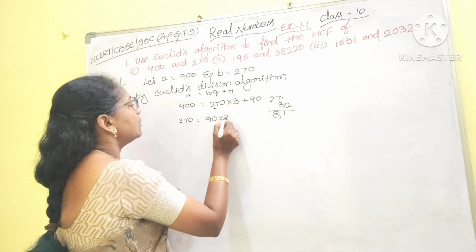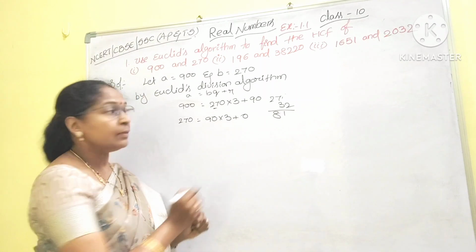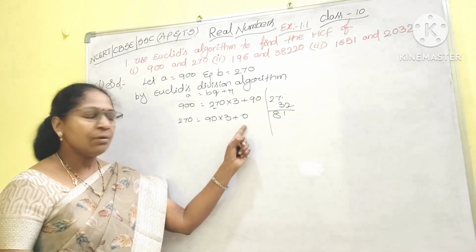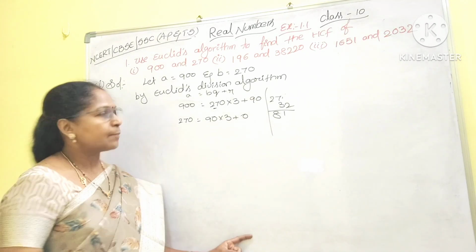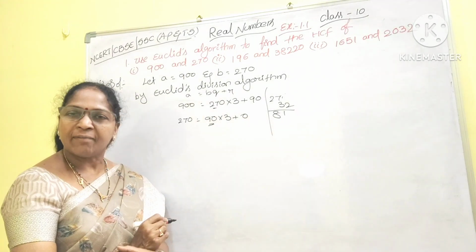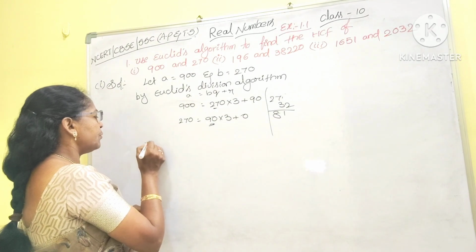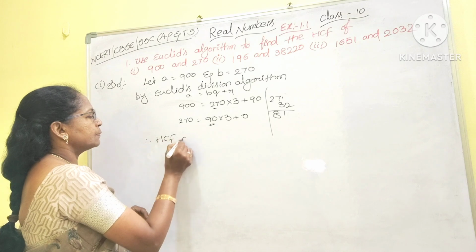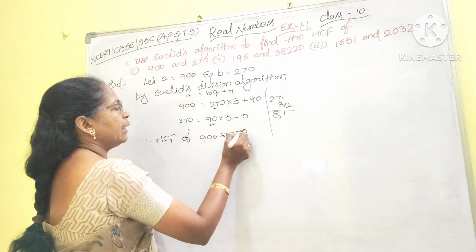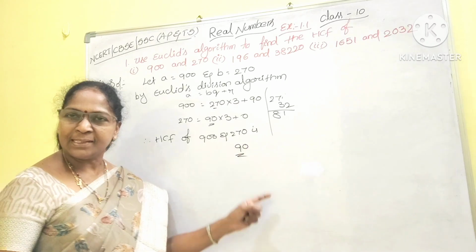So 90 into 3 exactly divides, and the remainder equals 0. Until you get the remainder 0, you have to follow this procedure. Now what is the HCF value? Whatever the last divisor is, that is the HCF of the given values. Therefore, the HCF of 900 and 270 is 90. This is the answer.